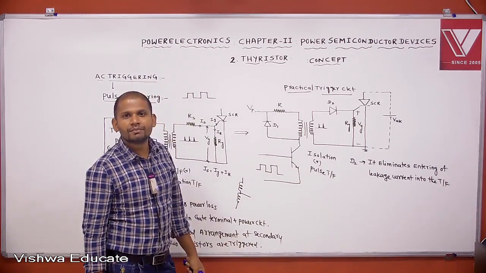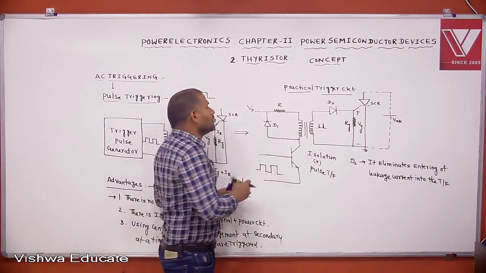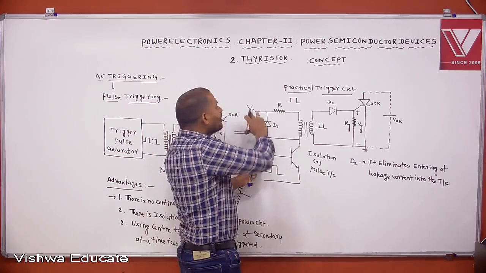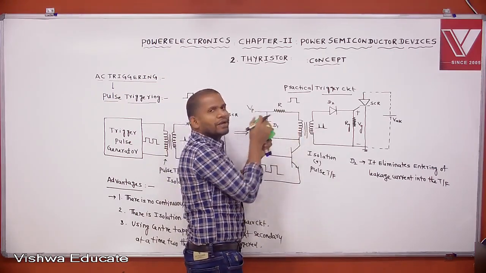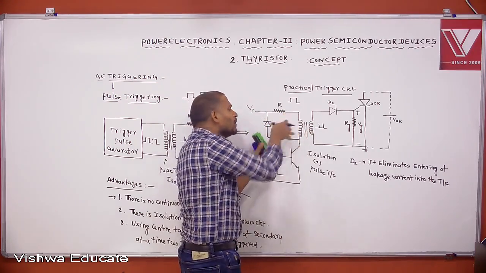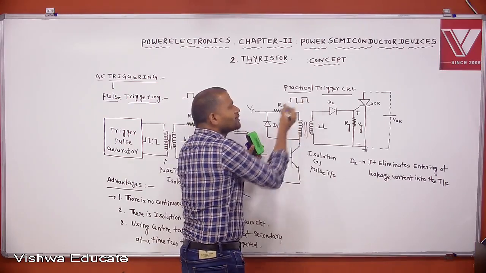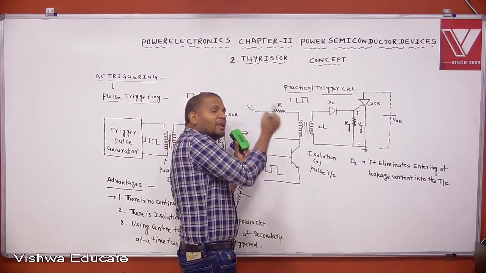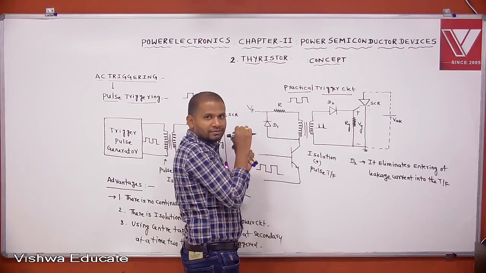Concentrate. See, for example, first I generated one pulse. I am giving supply voltage. One pulse is generated. That pulse is applied to the transformer. Once the pulse is applied to the transformer, there is stored energy. For the next switching action, I want to apply the next pulse. In the previous switching action, there is stored energy in the primary winding now.